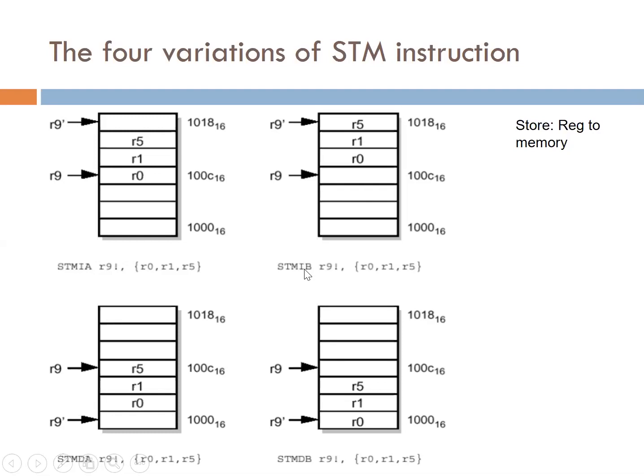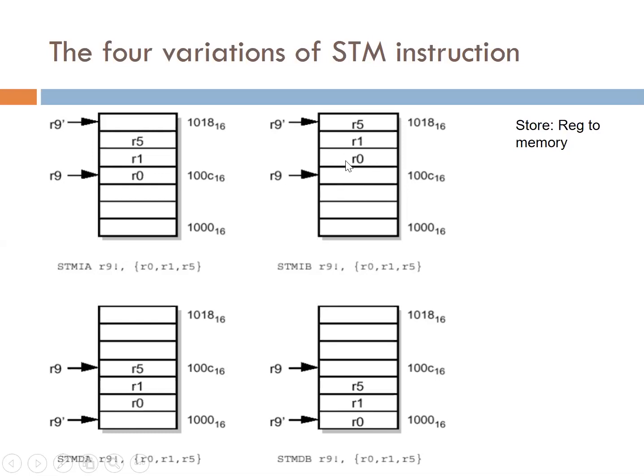Now, what is the first register to be stored? And before that, what is R9 pointing to? R9 is pointing to this memory location address 100C. So this operation is telling you to first increment, then store. So you are incrementing, then storing.